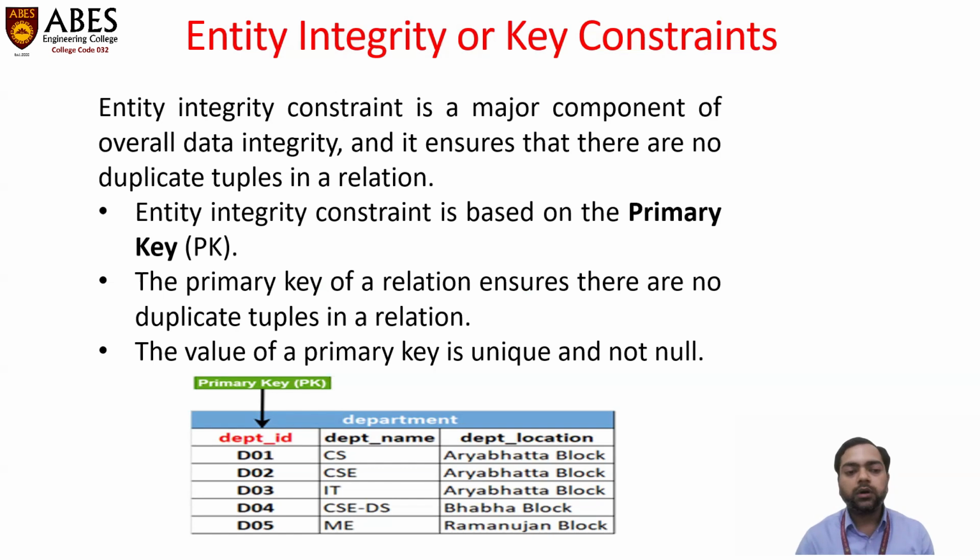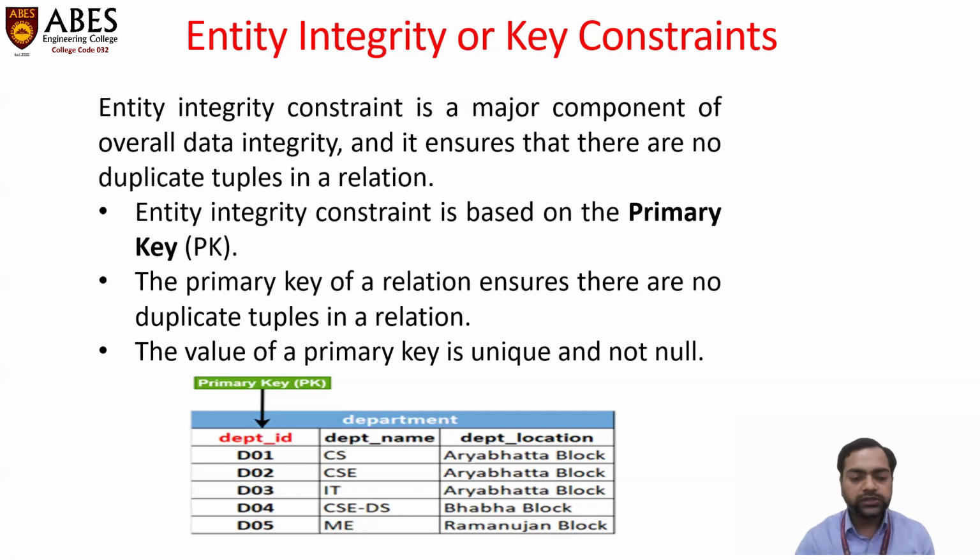Basically, if we talk about the primary key, everyone should be aware that the values of the column which we have imposed as the primary key should be unique. Every value should be unique. And secondly, no null values should be placed into that column. For example, here we have taken department ID as the primary key. You can see that all the values under department ID are unique, right?